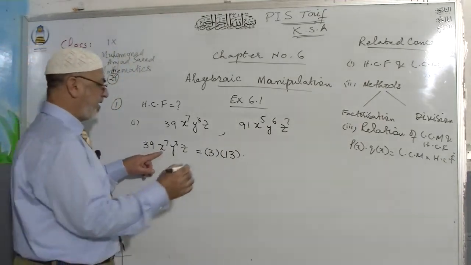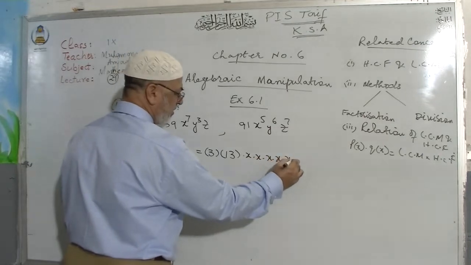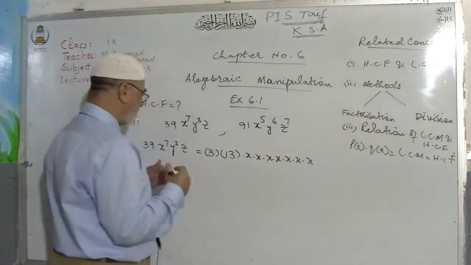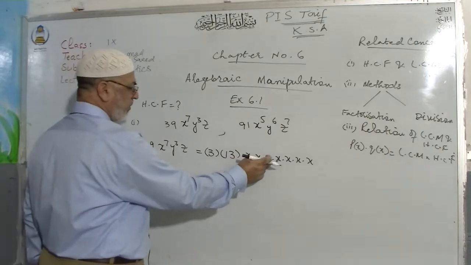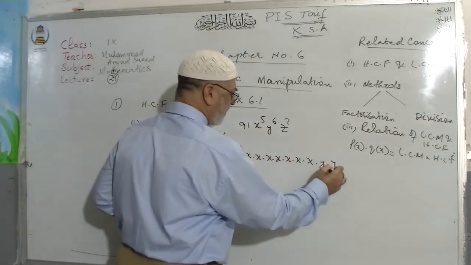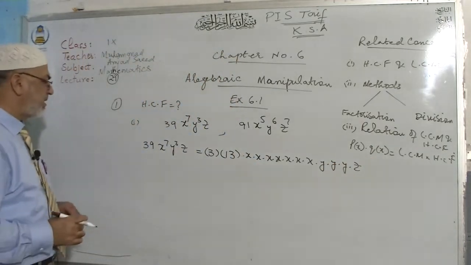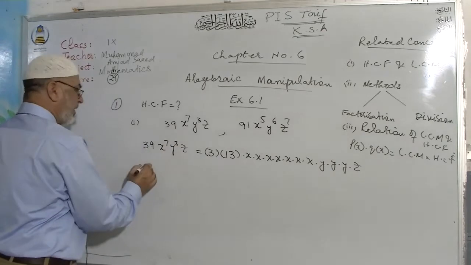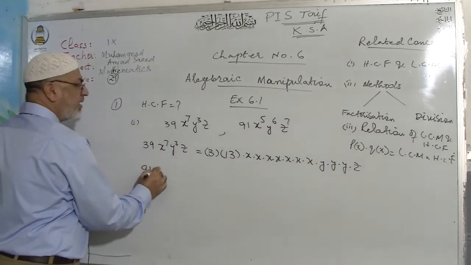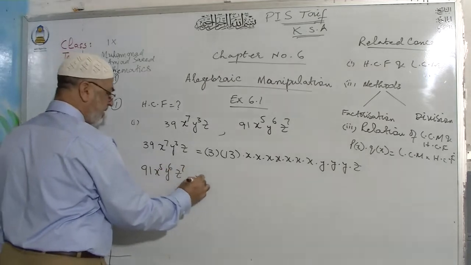Then x^7 can be written in this way. Look, it's easy. You can split up x 1, 2, 3, 4, 5, 6 and 7. And then y 3 times and z 1 time. Similarly, you can write down the second one: 91 x^5 y^6 z^7.